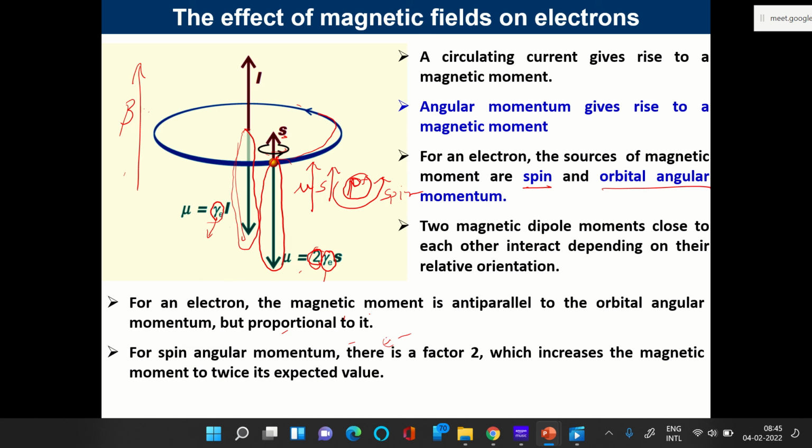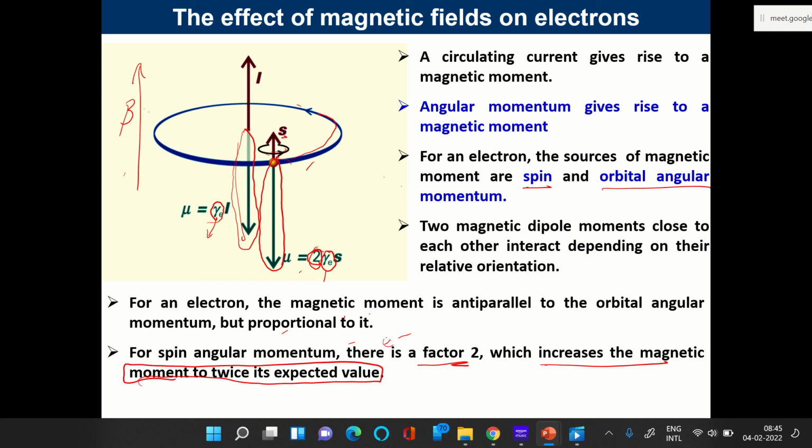That is because of the minus sign of the charge that comes into the picture, and we'll learn more about this. There is a factor of 2 coming in, which increases the magnetic moment to twice its expected value.